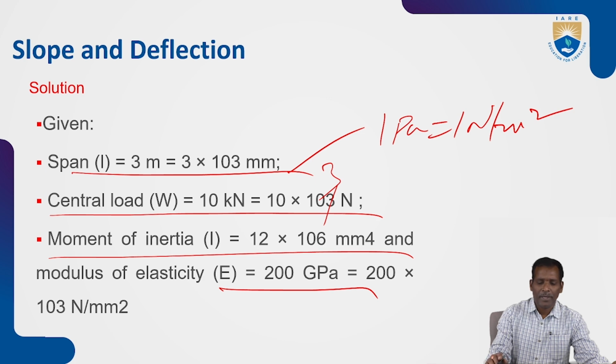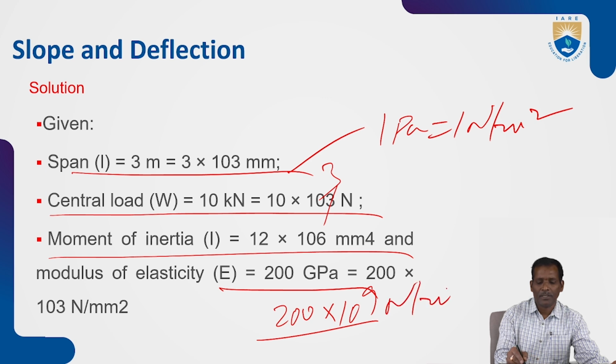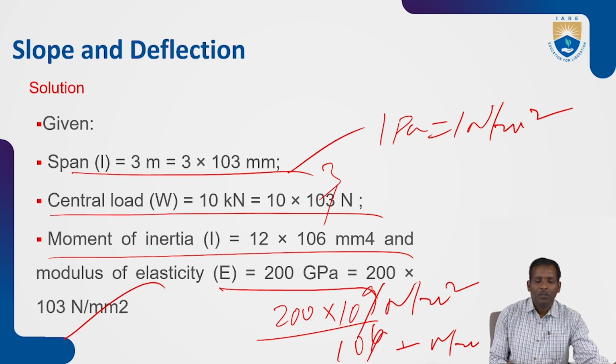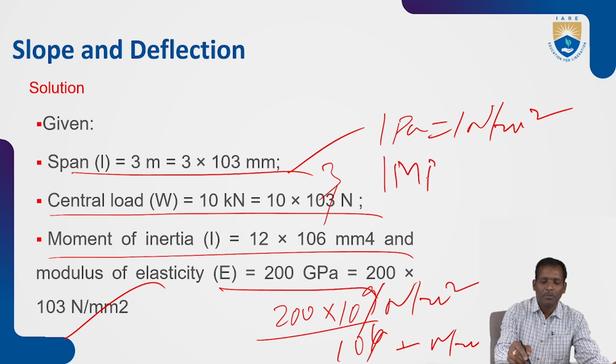So converting to mm², 10 to the power of 9 newton per meter square divided by 10 to the power of 6, you will get 10 to the power of 3. So 1 megapascal is equal to 1 newton per mm².